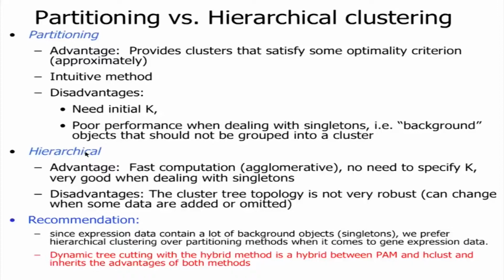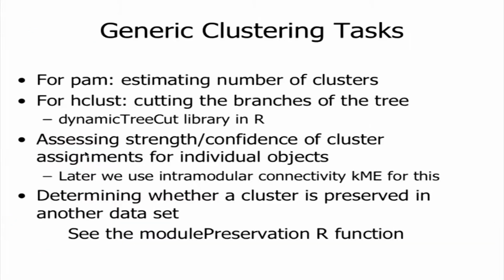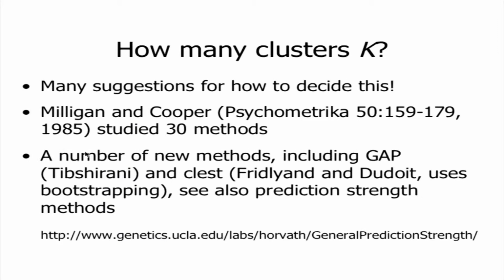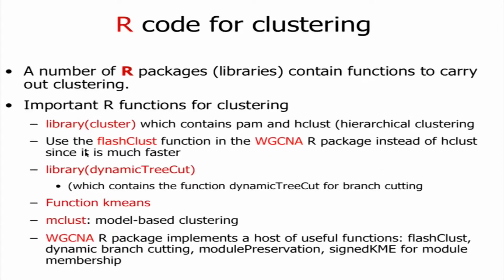I briefly want to mention some R functions. So there's the cluster library. I also mentioned there's this R function hclust, right? But can you believe it? When people implemented hierarchical clustering in R, meaning in the hclust function, they made a coding error, you know.